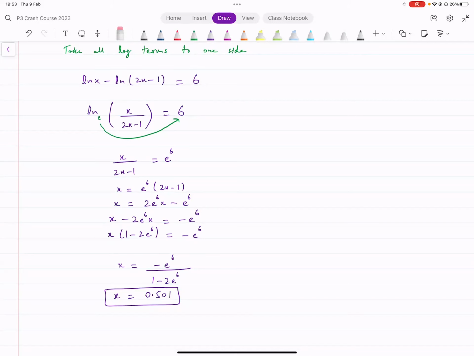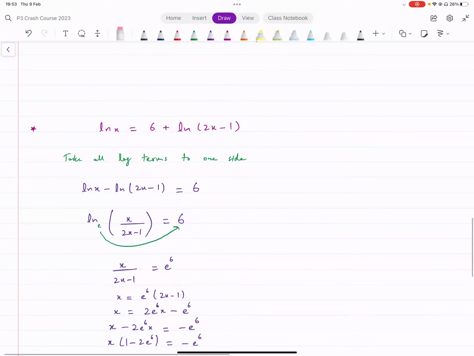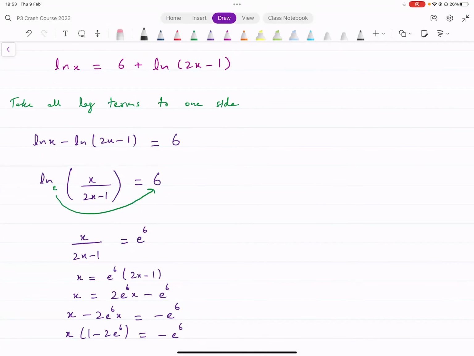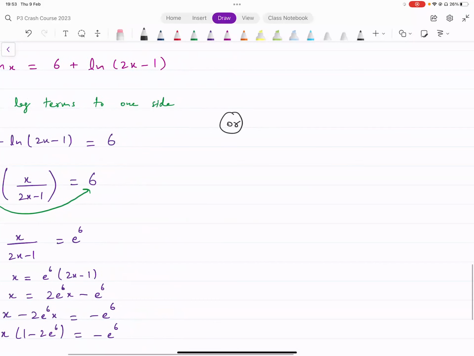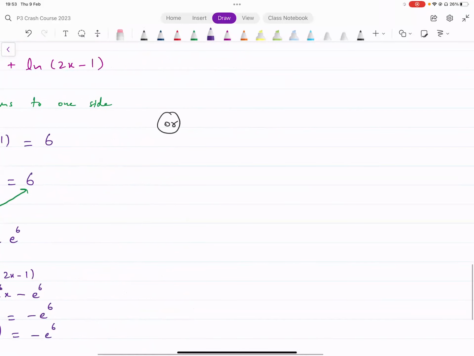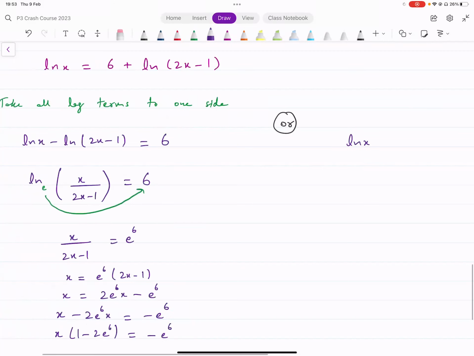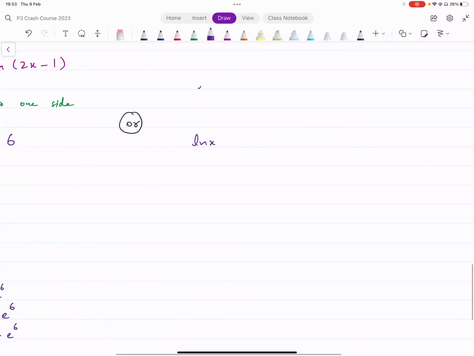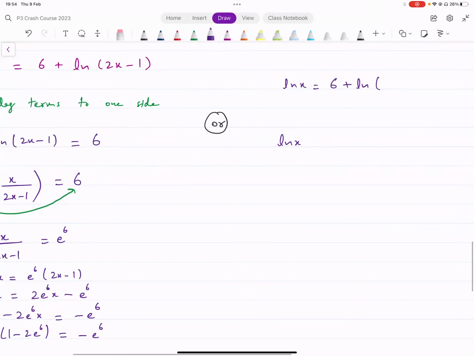There's another way of dealing with problems like these as well. And that looks like this. Let's write that equation down again. You have ln of x equals 6 plus ln of 2x minus 1.